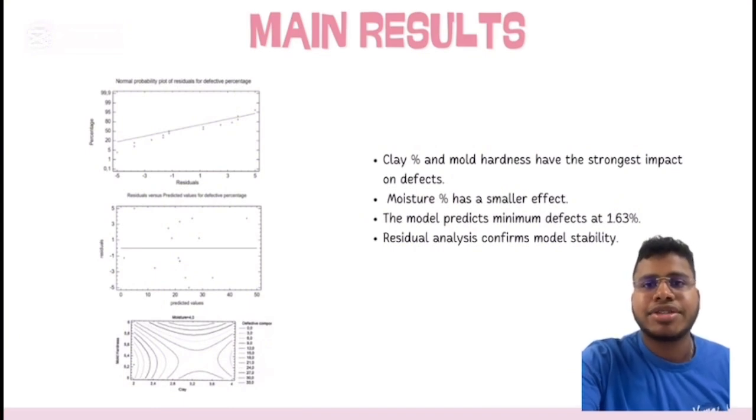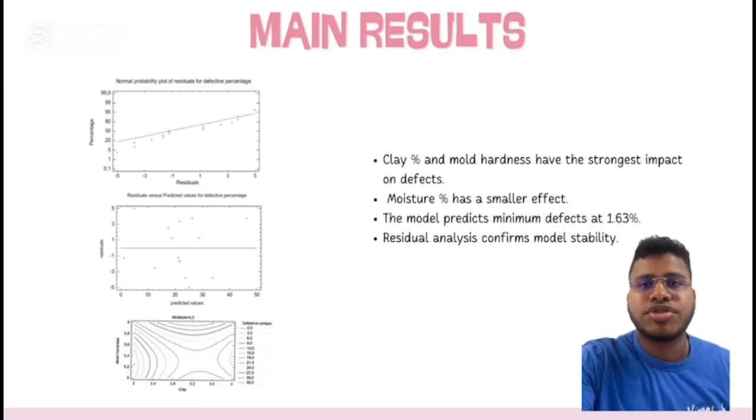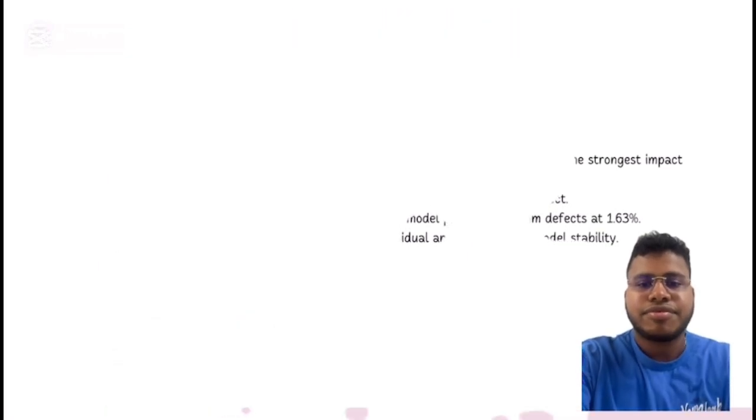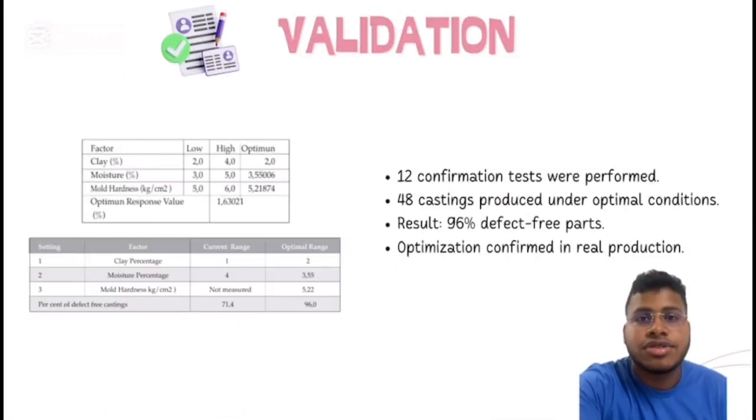The model predicted that the optimal combination of factors could reduce defects to approximately 1.63%. A residual analysis confirmed that the model was stable and reliable, meaning it can be used confidently for process improvement. To validate the result, the researcher carried out 12 confirmation tests using the optimal condition identified in the study.